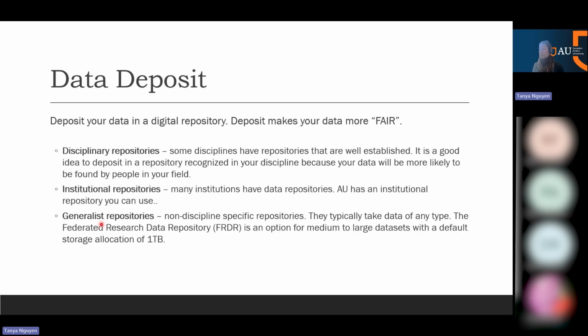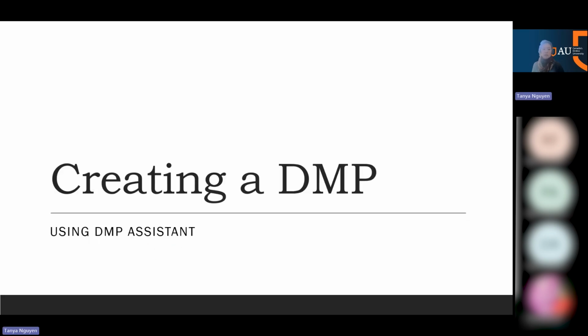A generalist repository is non-discipline specific. So the one that's offered by Canada nationwide is the Federated Research Data Repository. And as a researcher, you get 1 terabyte of data. Oh, I'm jumping the gun here.